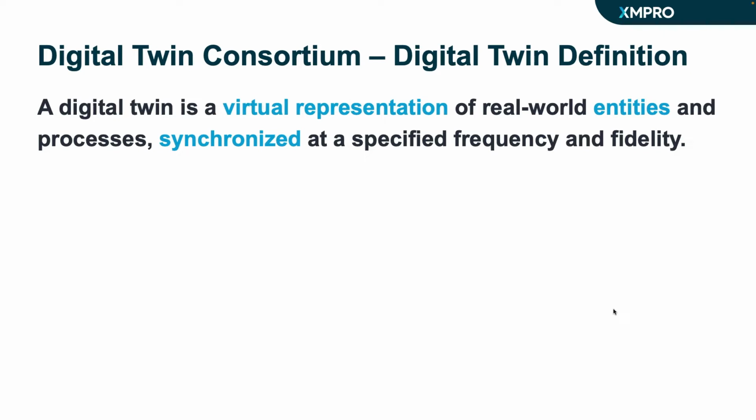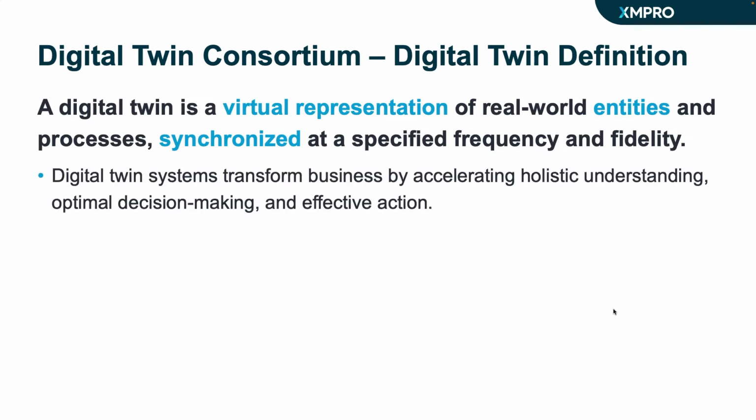So, using the Digital Twin Consortium's definition, it's a virtual representation of real-world entities, which could mean a number of things. And a key aspect is that it is synchronized at a specified frequency and fidelity. And it's underpinned by three key enablers from a digital twin perspective.